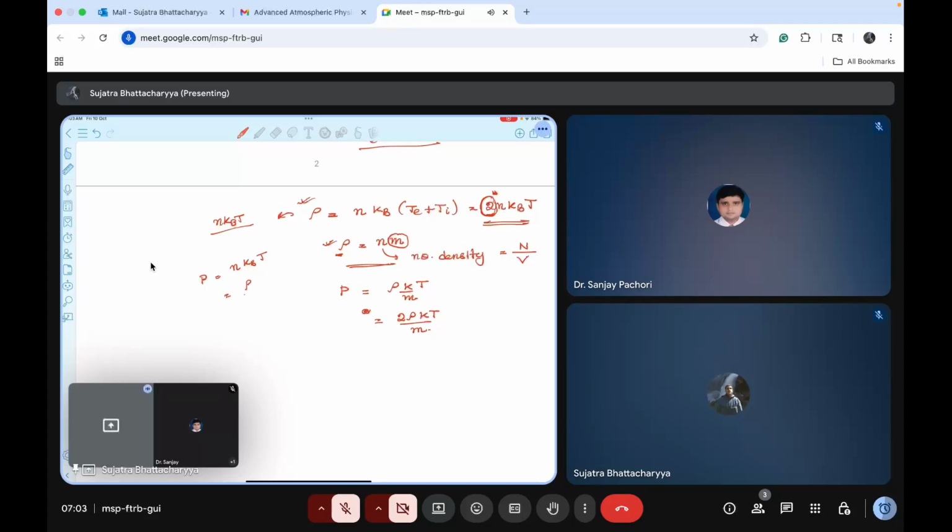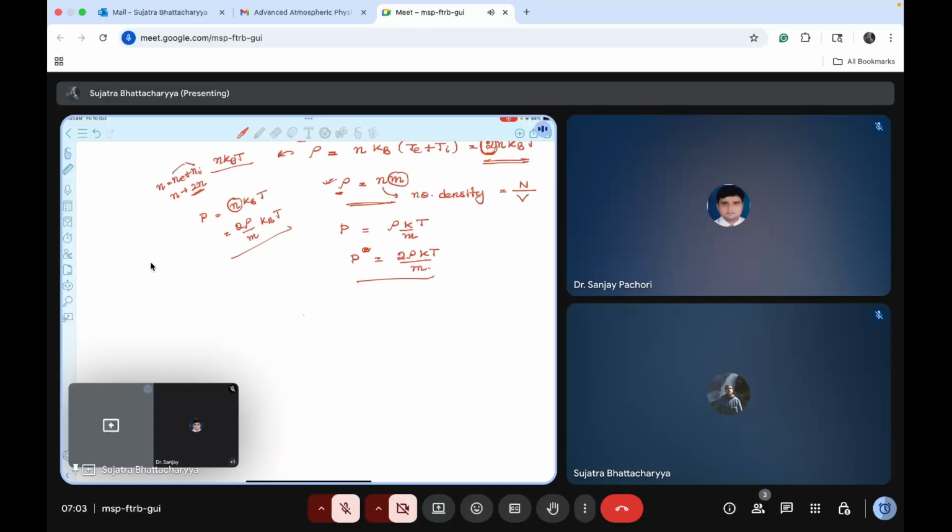This will be rho by m into kB T, and this n is actually assumed as this. So n will be equal to really the 2n because ne and n are equal. So it will be 2 rho by m. The last session also we have discussed this. So this is what you get.